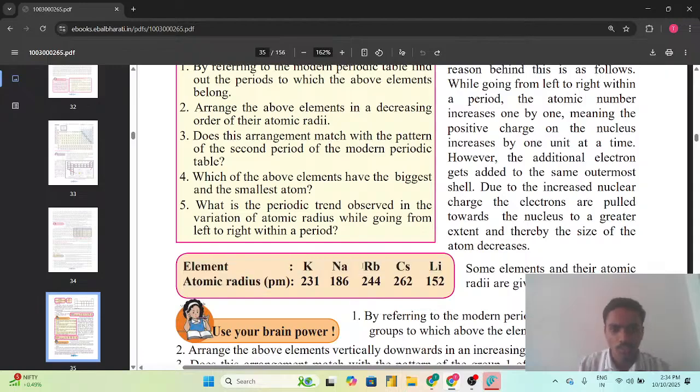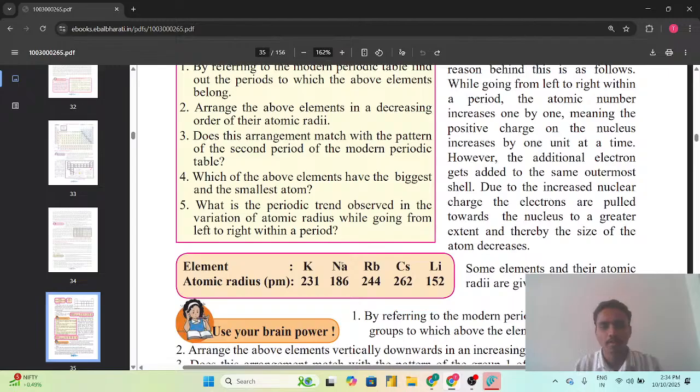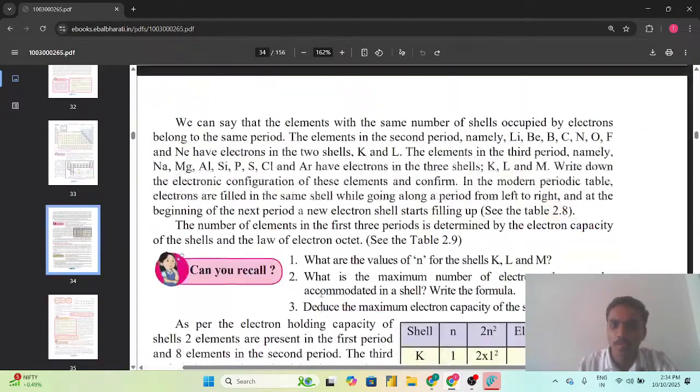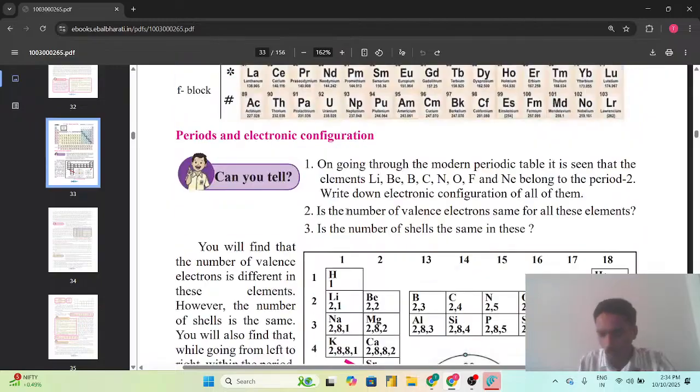So the atomic radii of elements are given, that we can see: lithium, sodium, potassium, rubidium, cesium. ये तो सारे एक ग्रुप के हैं. जैसा कि हमने यहाँ पर देखा कि हाइड्रोजन, लिथियम, सोडियम, पोटेशियम, रुबिडियम, सीजियम, फ्रांसियम, these all belong to the same group.